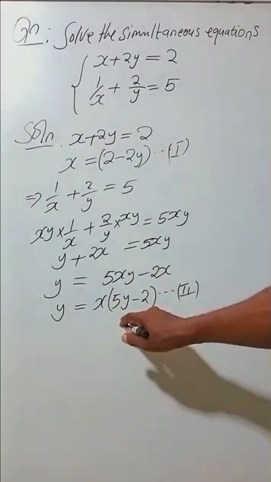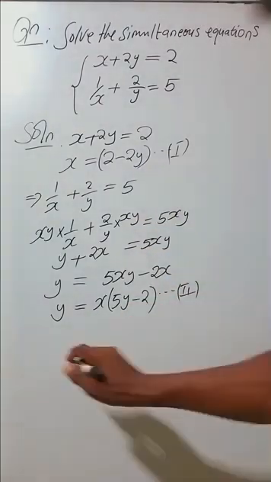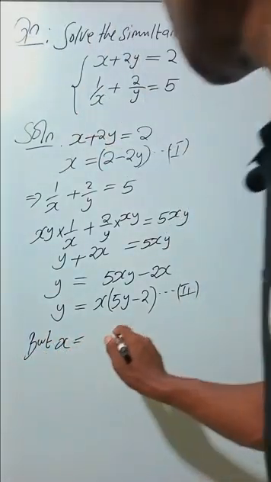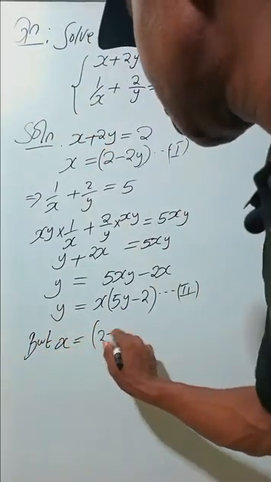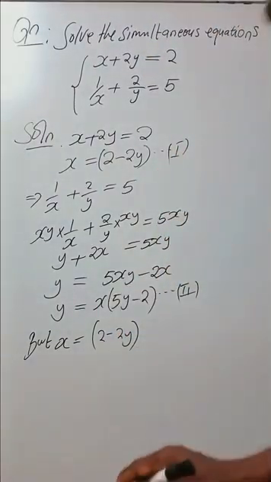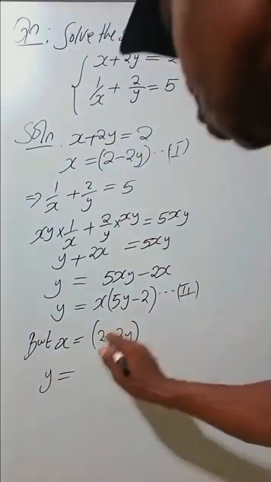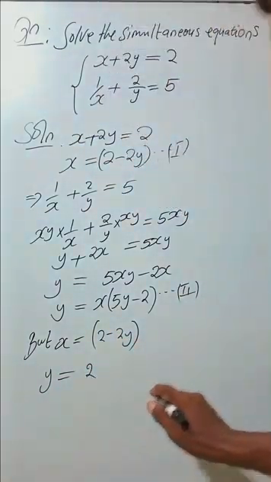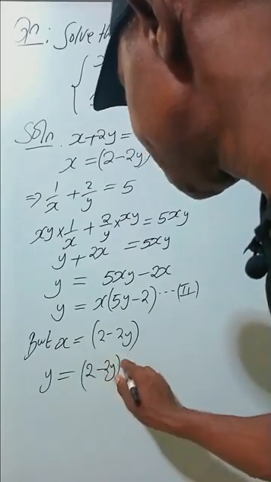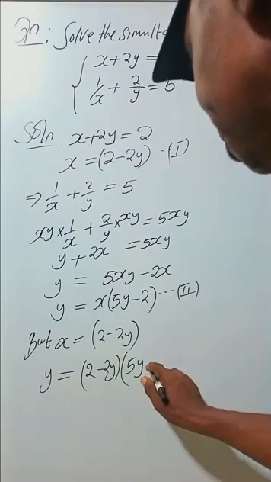Then bring our x here. We said x is equal to 2 minus 2y, as per equation number 1. So therefore our y will be equal to 2 minus 2y in brackets, times another bracket where there is 5y minus 2.